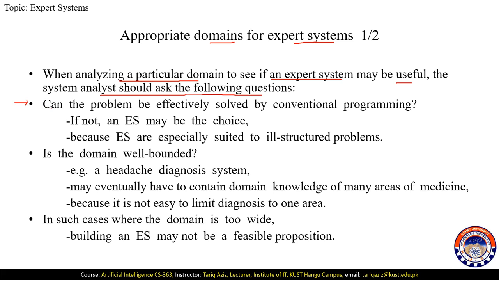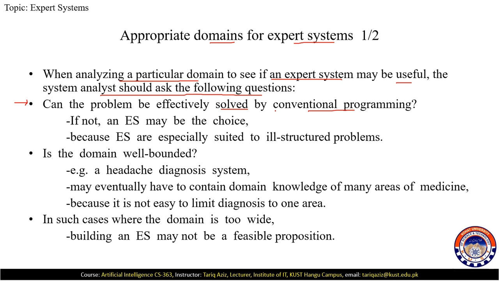So what's the first question which the system analyst should ask? The first question is: can we solve our problems by writing conventional programs, by using conventional languages? For example, if you can solve your problem using C++ or Java, which are conventional languages, then there is no need to develop an expert system.